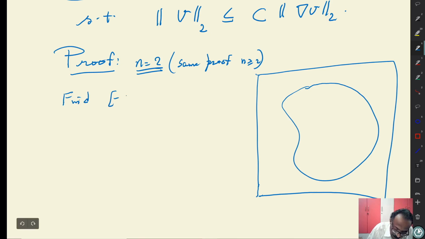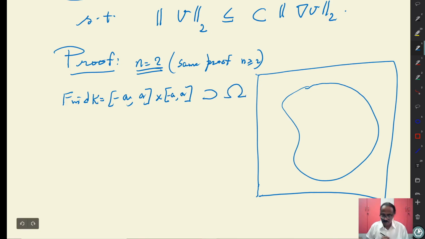Find minus a to a, closed, otherwise you take it n times. Minus a to a is a neighborhood, a closed set K, which contains omega. So you have V defined here.